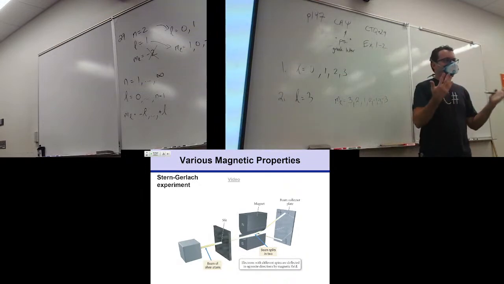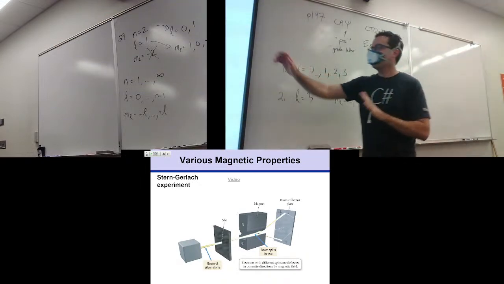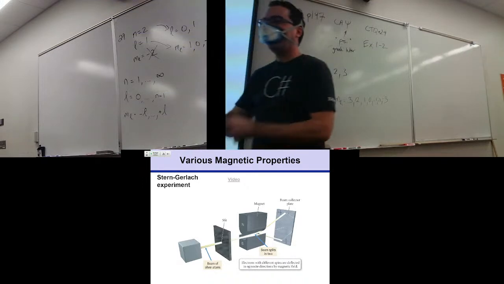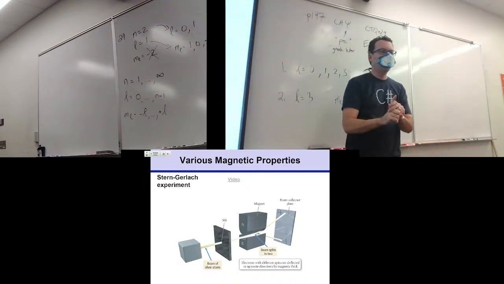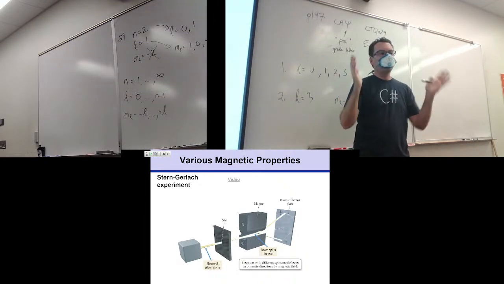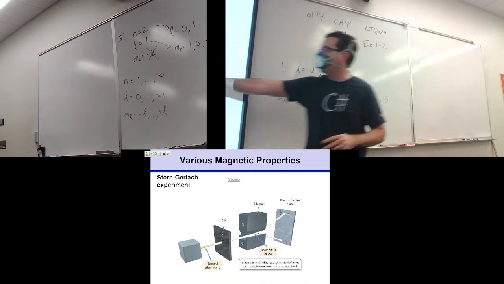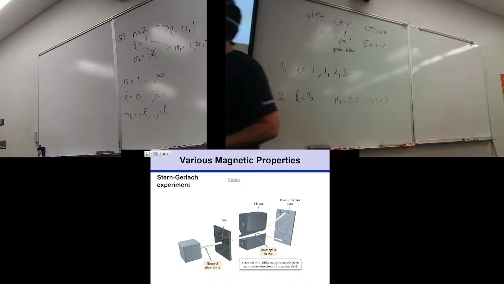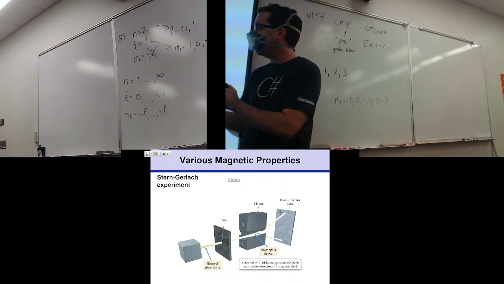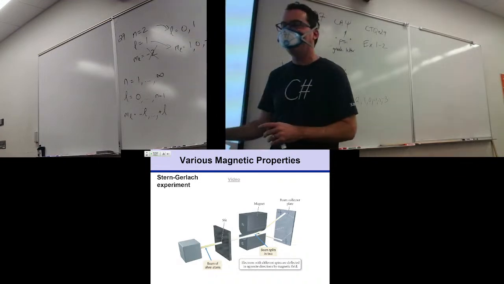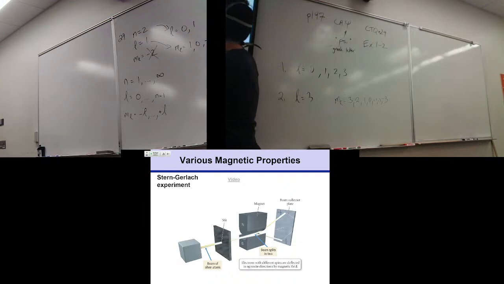That's the bare bones reasoning behind this. So electrons, in order to behave like this, must have some spin component. They must have some kind of way that they're spinning that opposes this magnetic field or goes along with it. And so the idea is, silver has this lone electron inside that has either a plus 1/2 spin or a minus 1/2 spin. And if it has one or the other, it'll either go up or go down.